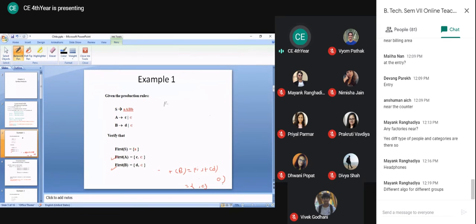So first of S is equal to first of small a, capital B, and small b. Now because this a is a terminal symbol, no need to consider the other symbols. So it contains only a, because this is nothing but our y1. Now if y1 is deriving null, we have to think about y2.